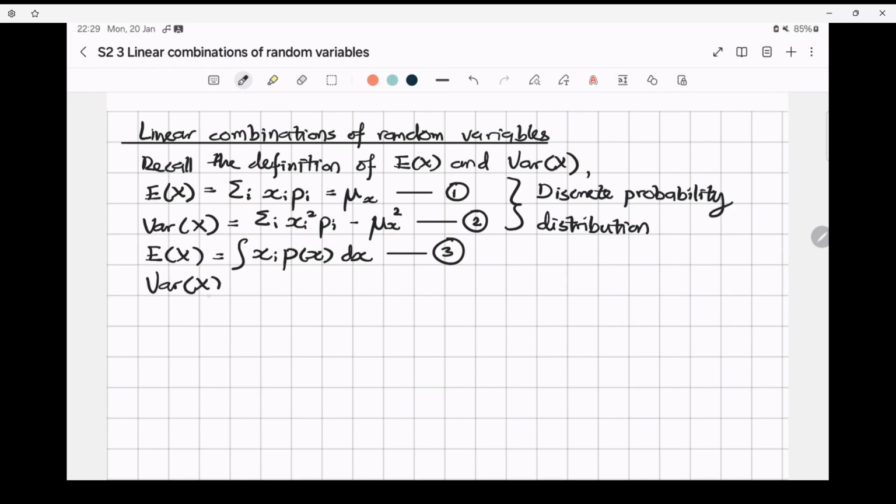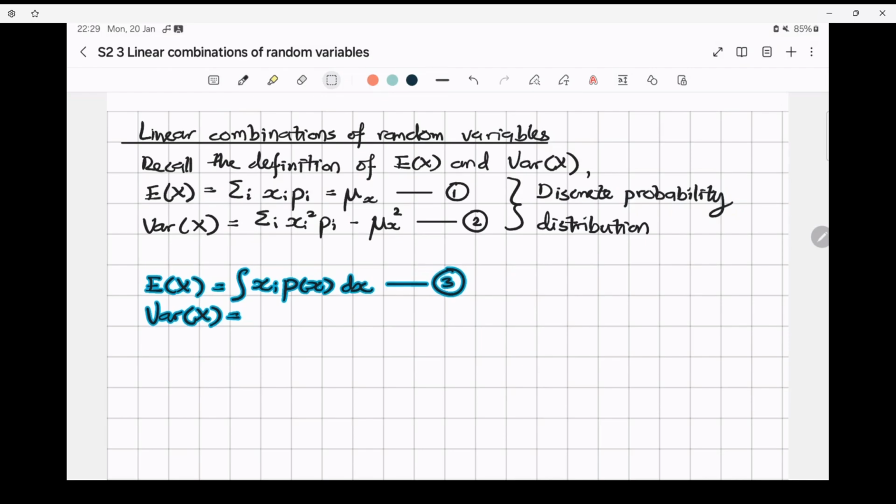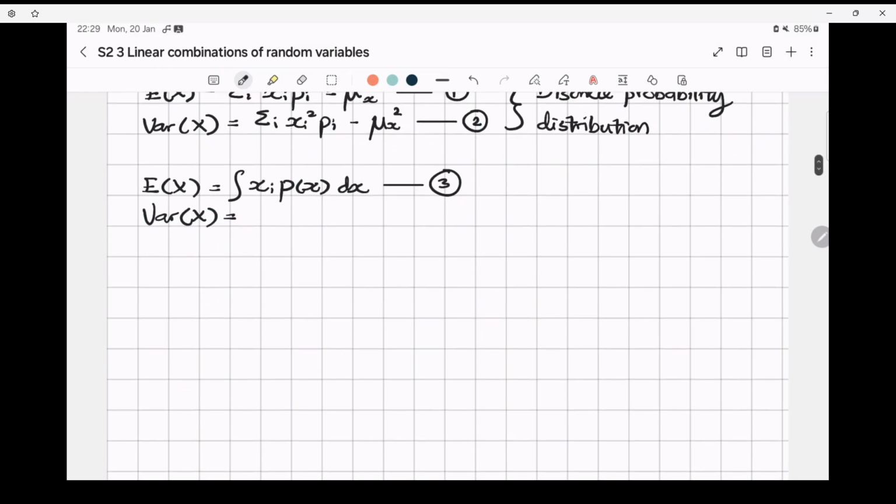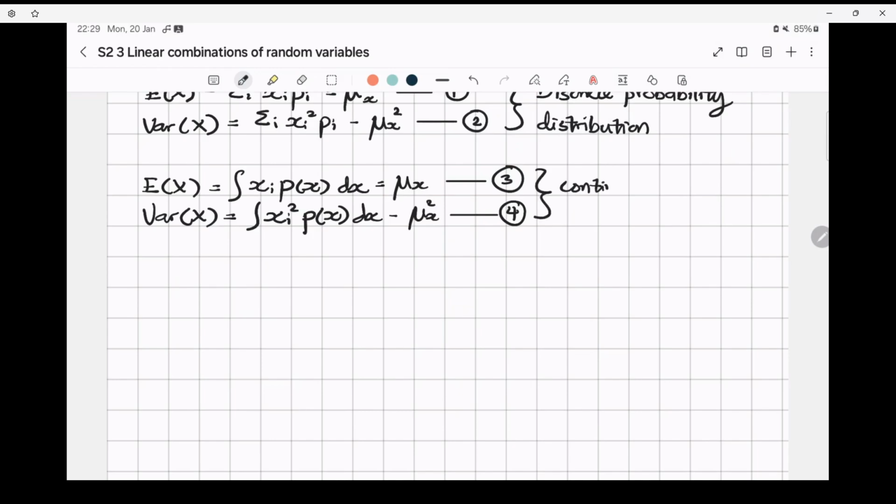The variance of X will be, and perhaps I should separate it a little so that you don't get confused, the integral of x squared f(x) dx minus mu_X squared. This is equation 4. We also denote this as mu_X, for a continuous probability distribution.